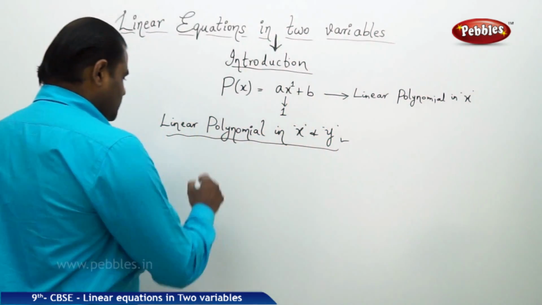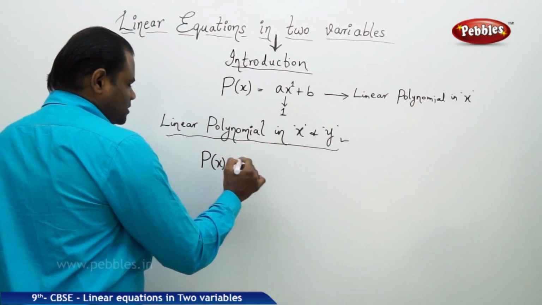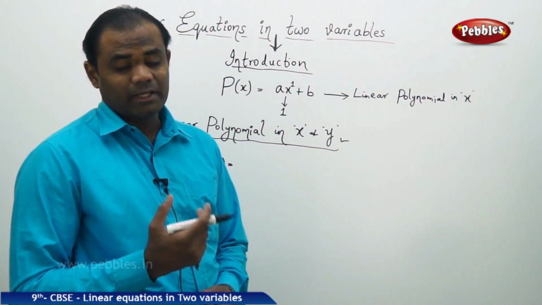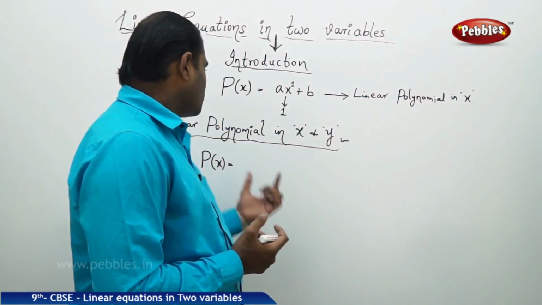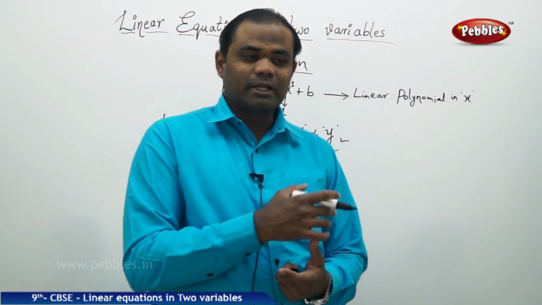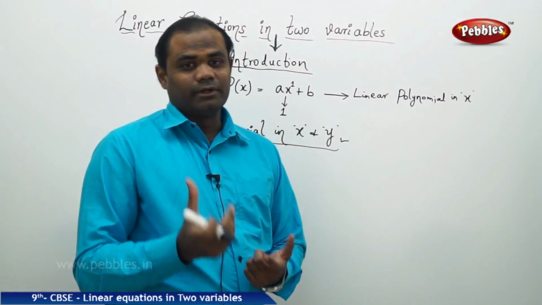So let's reconsider the definition which says that a polynomial is linear if its variable is with power 1. The highest power is 1. Therefore, when I introduce the two variables x and y into the polynomial, then I clearly assume that I need to have both the variables with degree 1.